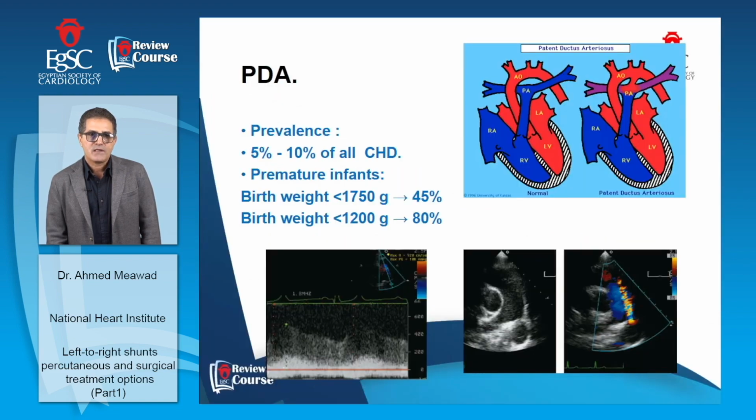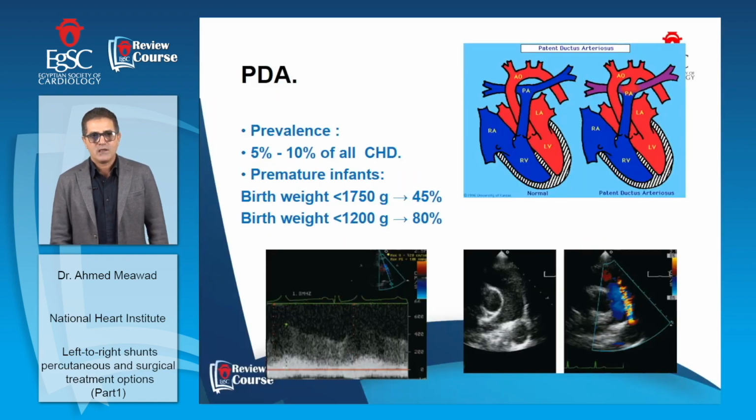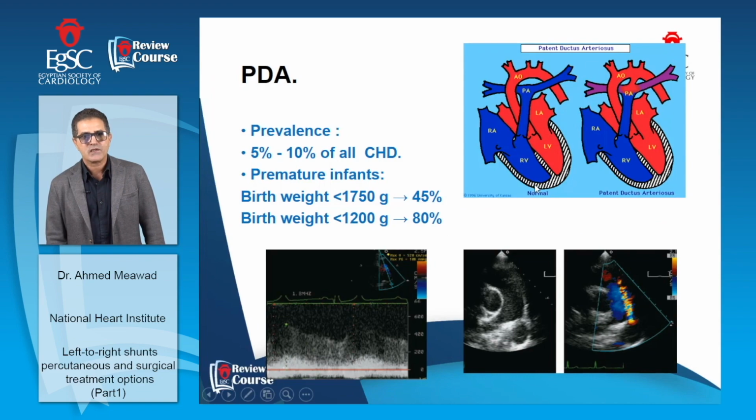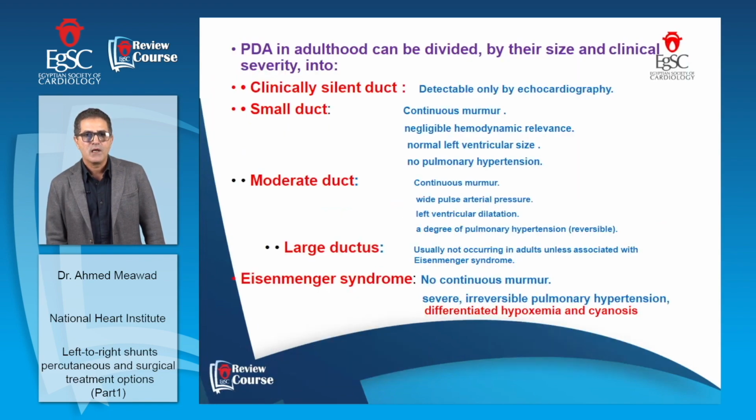We finished the ASD. We shift now to the PDA, patent ductus arteriosus. As we know, it is commonly seen in premature infants. In the clinical presentation, there may be a clinically silent duct detected only by echocardiography, a small duct. There is a murmur, but it is hemodynamically insignificant. It doesn't cause cardiomegaly or pulmonary hypertension.